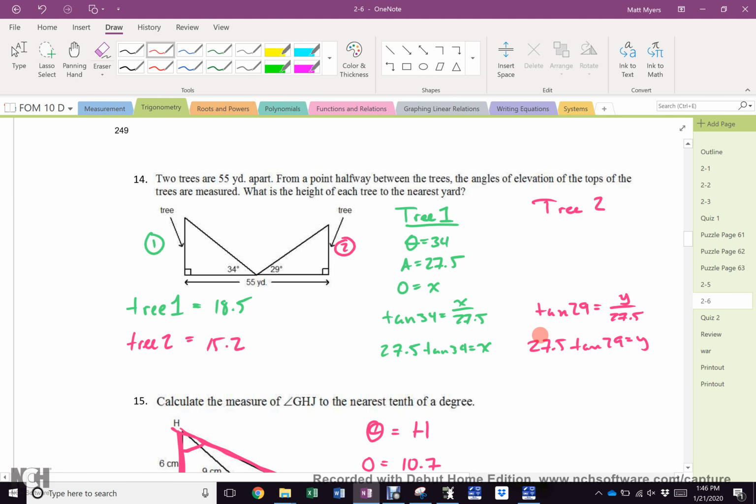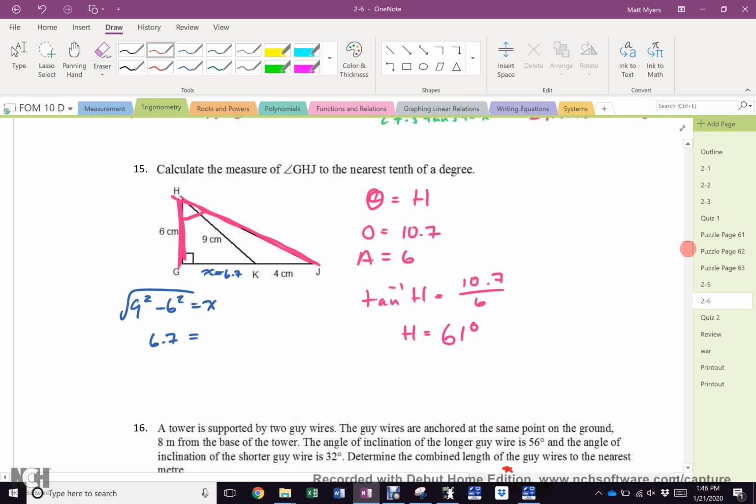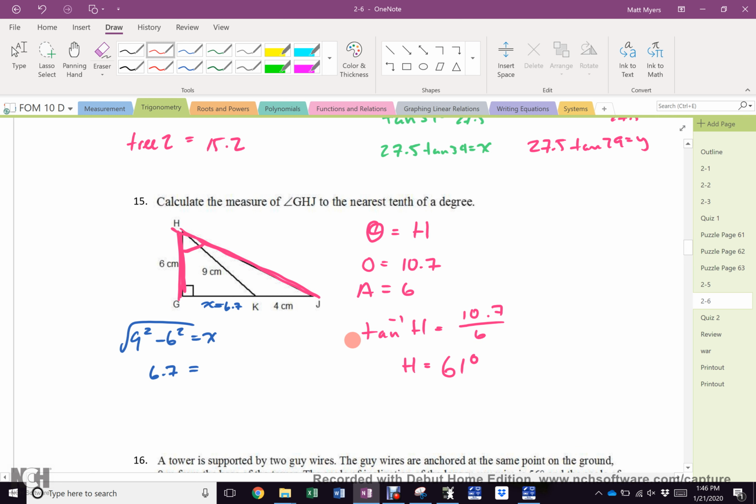The trees, I drew it for you. This question causes trouble amongst everyone. GHJ means I needed this whole angle at the top, from G to H to J. A great many of you don't read the questions well.